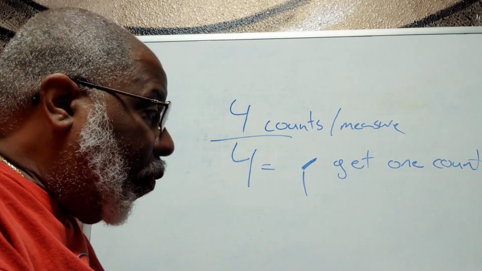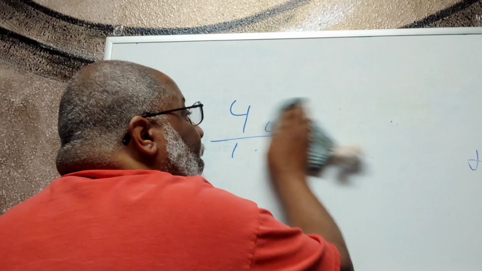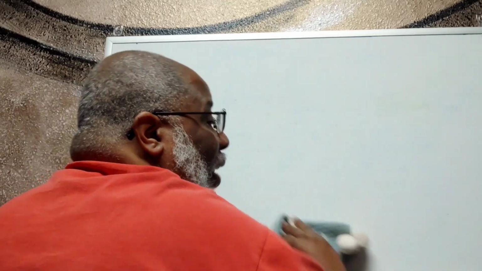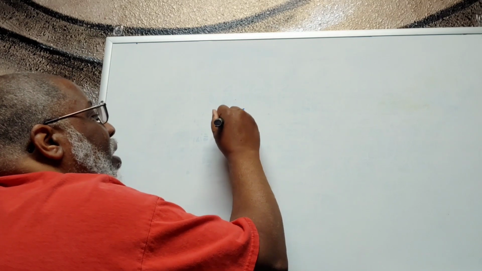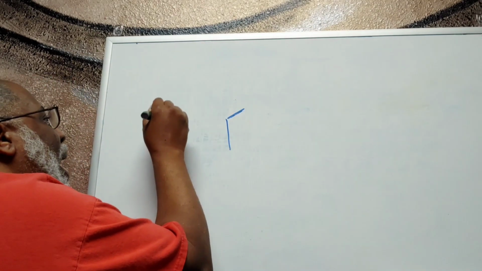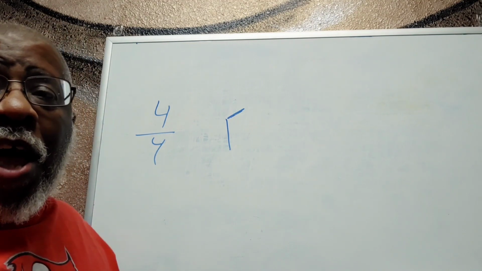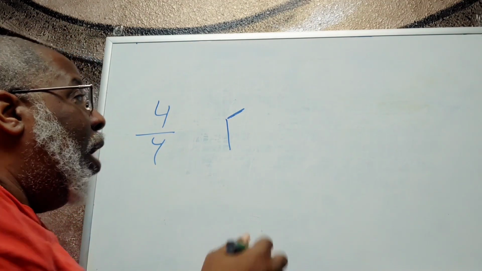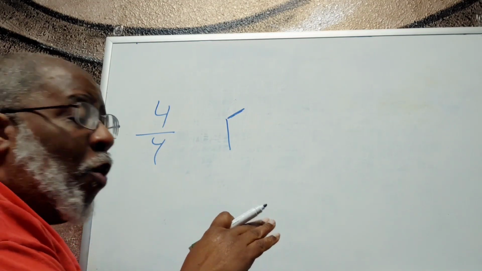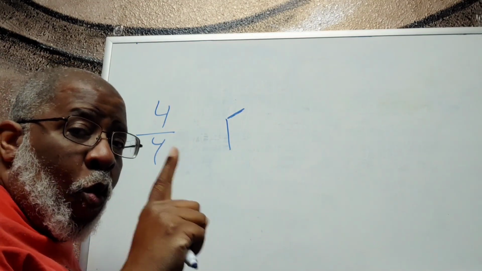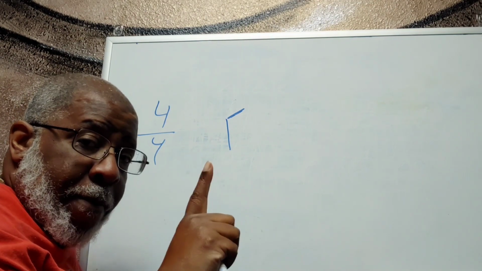So, if we are looking at some music and we see this time signature, and we see this note, what we know is that we play this note for 1 count. Okay? 1 count.